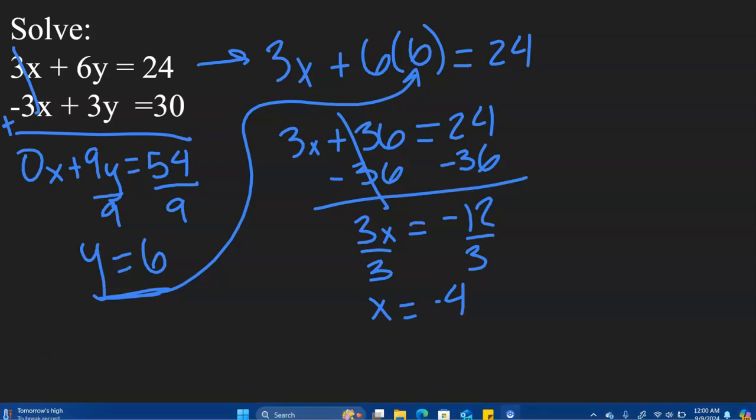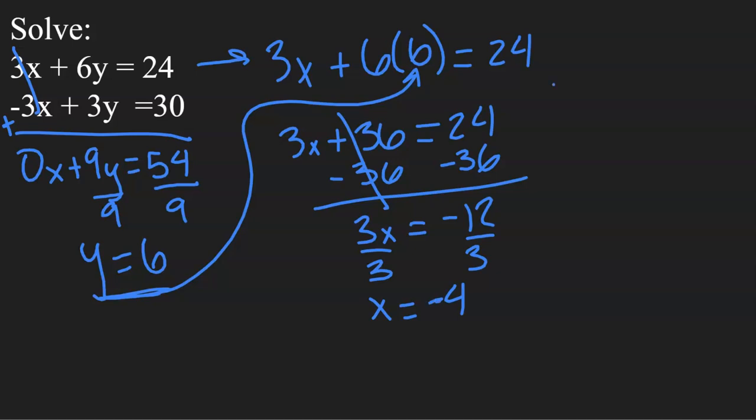What we are going to do next is to check to make sure our answers are right. So in order to do that, we are going to be plugging in our known y and x values into both of the equations. So in this case, we're going to do 3 times negative 4 because that's our x value, right?